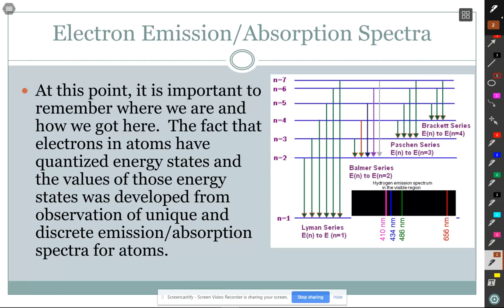Now, if we take the equation that we got for the hydrogen atom energies, we can plot what the energies are for n equals 1, n equals 2, n equals 3, and so on. And then we can calculate what the gaps should be. And so this is showing all of the gaps that end at n equals 1, all of the gaps that end at n equals 2, n equals 3, n equals 4.